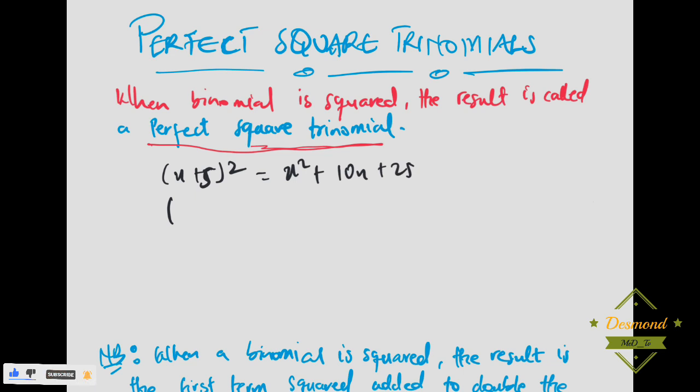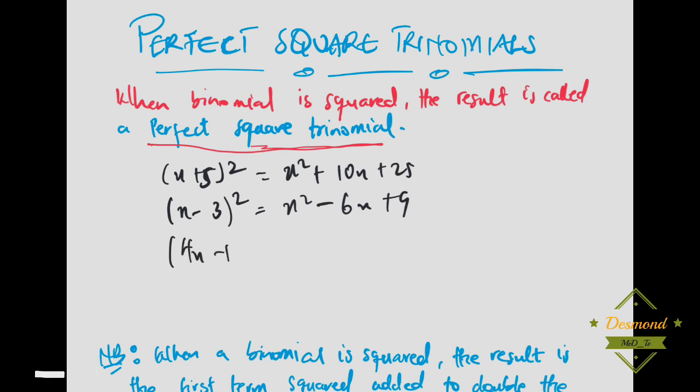If you have x minus 3 squared, when we square this, what are we supposed to get? We will get x squared minus 6x plus 9. Now let's take the last one, 4x minus 1 squared. This one too should be 16x squared minus 8x plus 1.